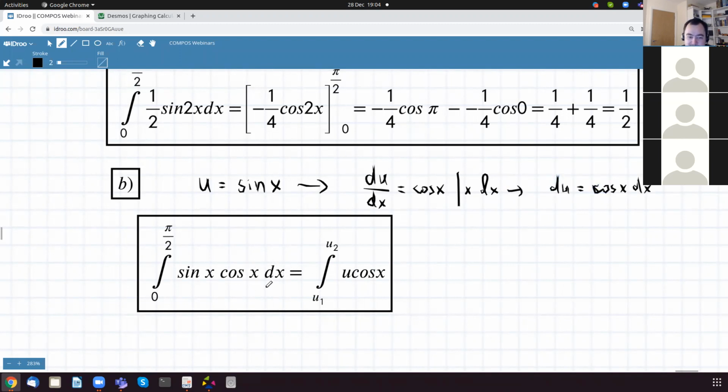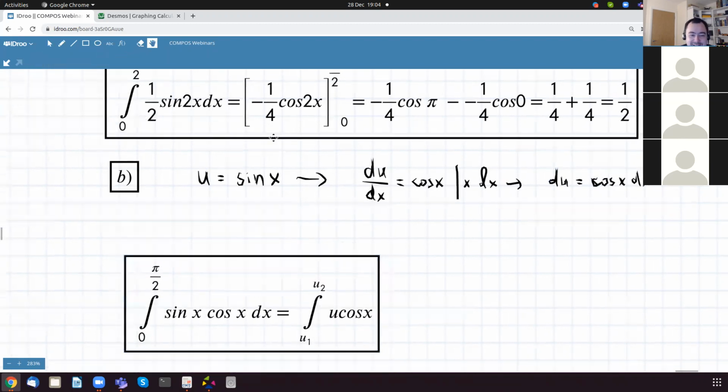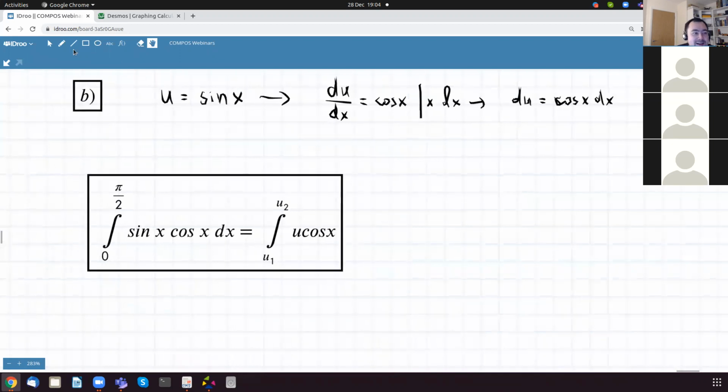It's a nice coincidence, let's put it that way. But if it's not clear from here, you can always say that dx is equal to du divided by cos x, and we'll substitute that in.